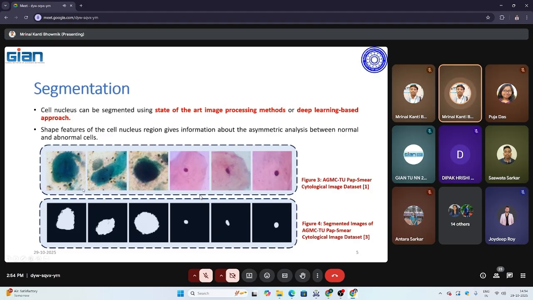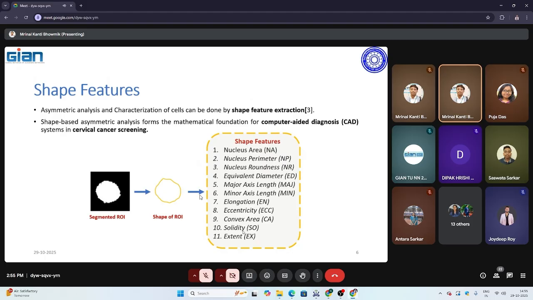Here we have some of the cytological images from our AGMC-TU pap smear data set, and these are the respective segmented images. Asymmetric analysis and characterization of cells can be done by shape feature extraction.